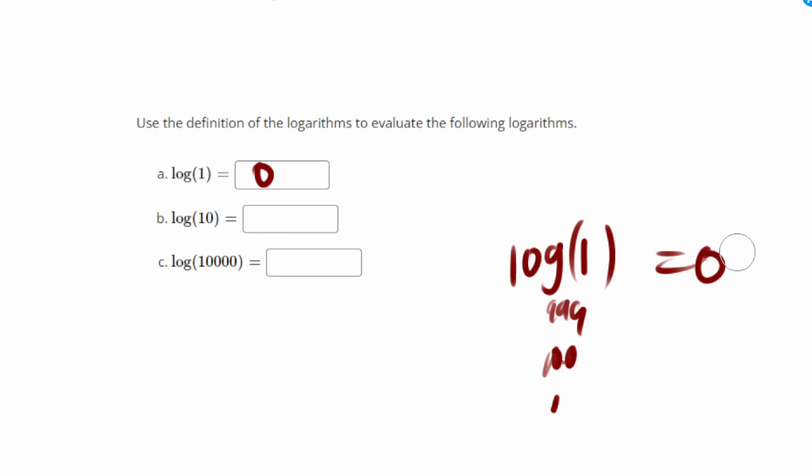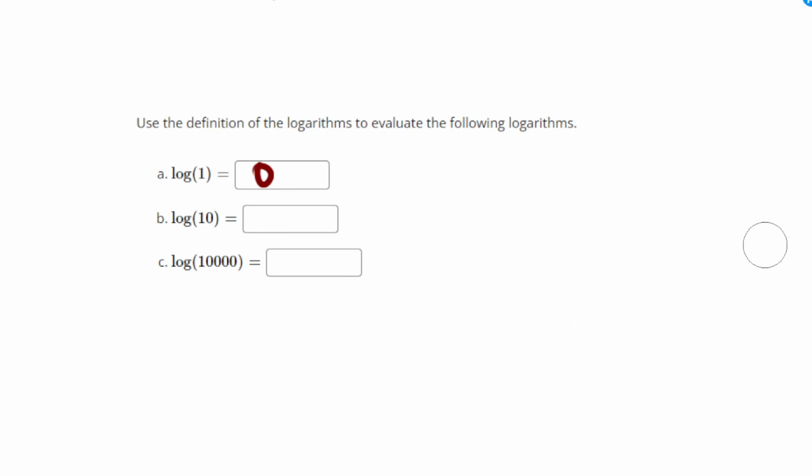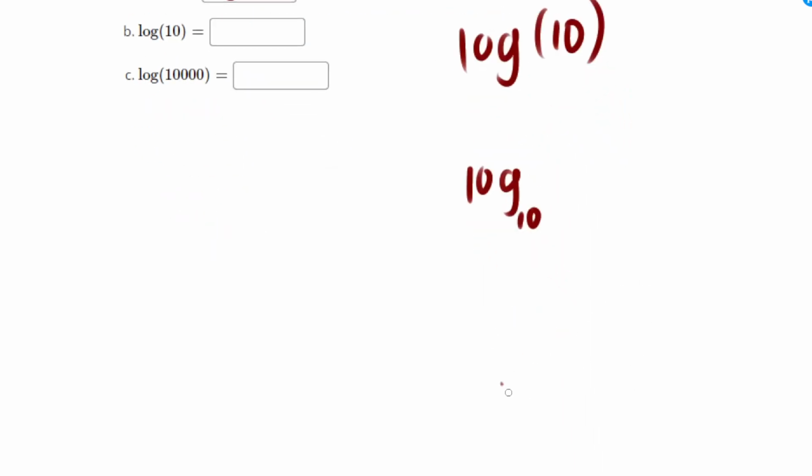I also forgot to mention, if you have log without a base, like log 10, the base is assumed to be 10, log base 10. It's sort of like how if you have a square root, it's assumed that there's a 2, even though it's not written. It's kind of what they decided.